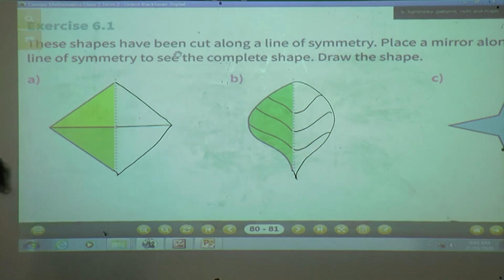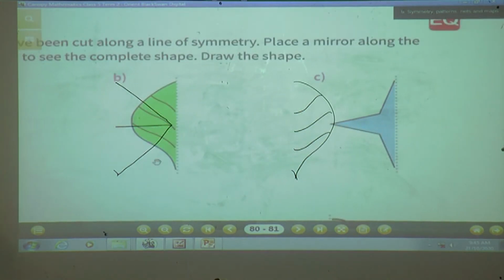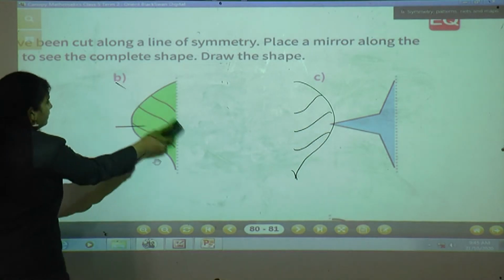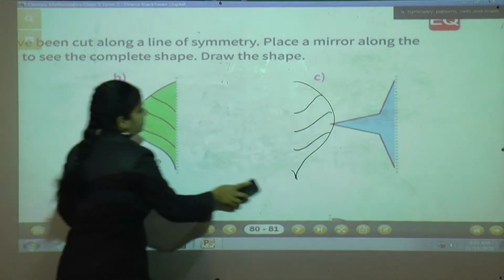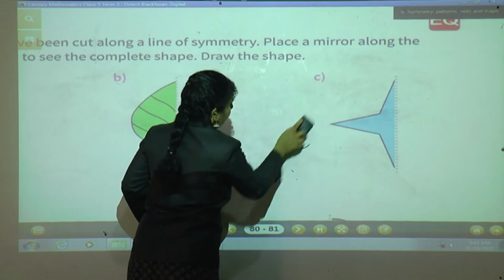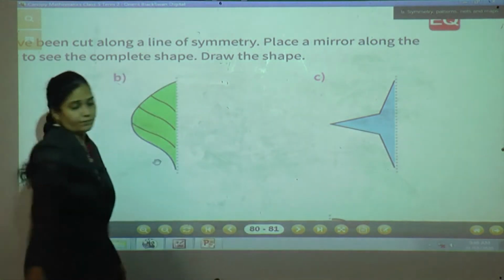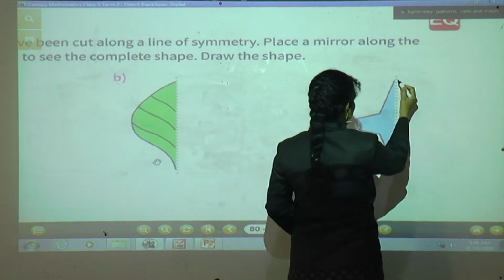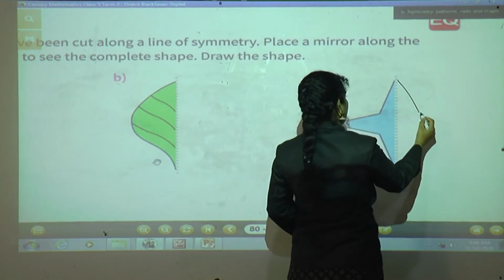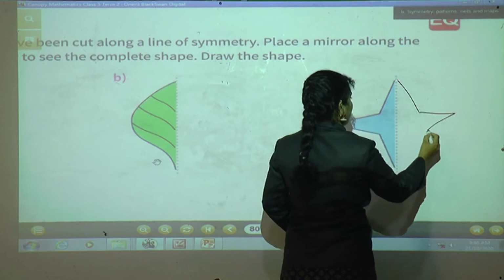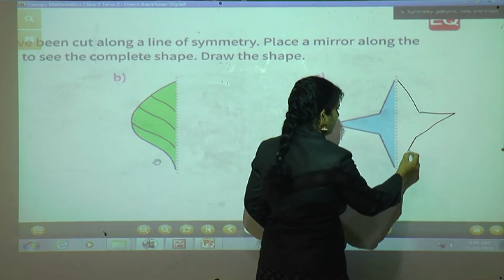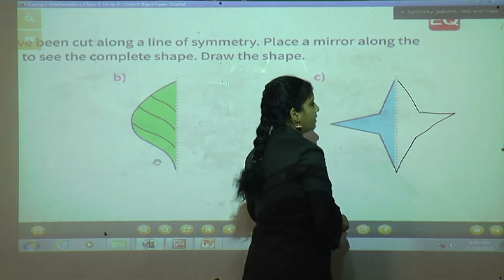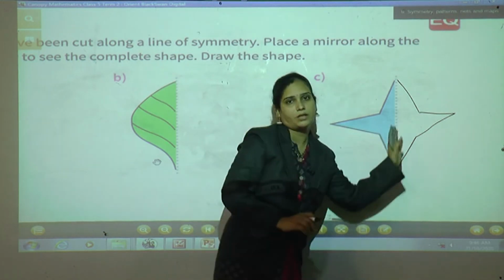Now see the third one. Here we can draw the shape like this so that the figure will complete, and you can color.